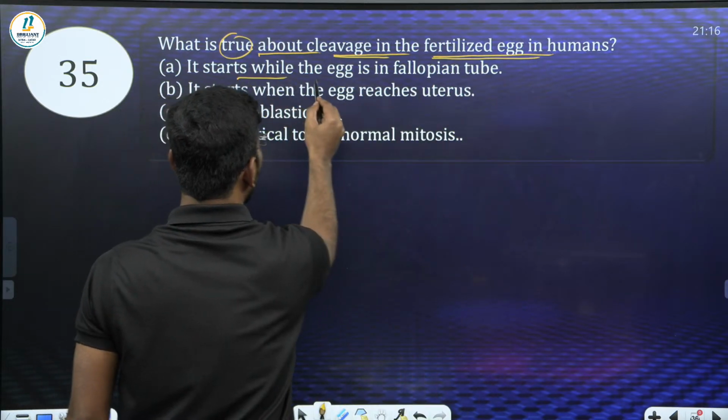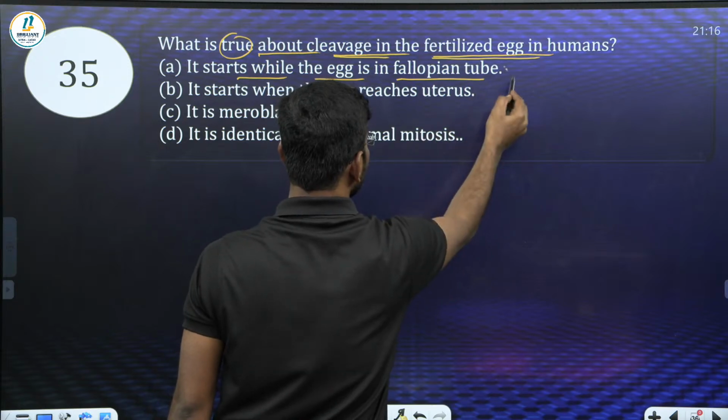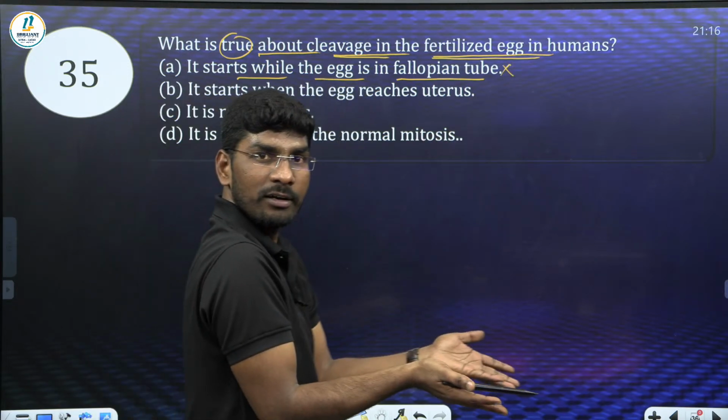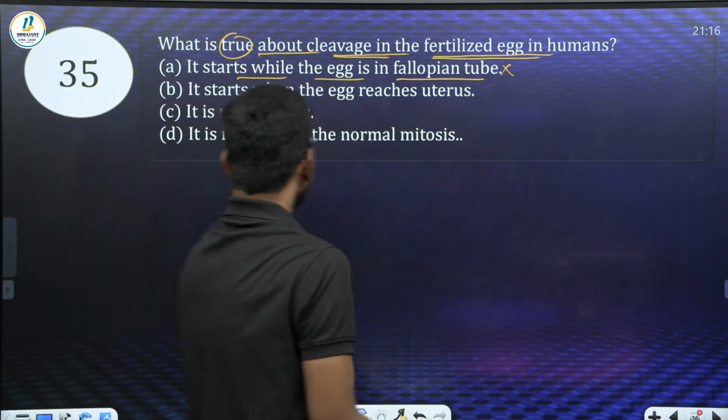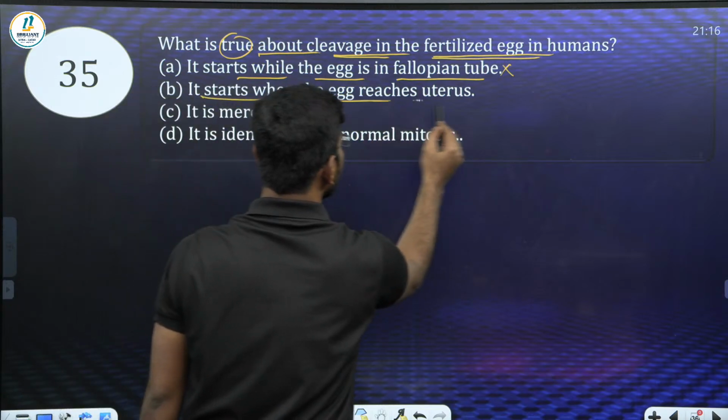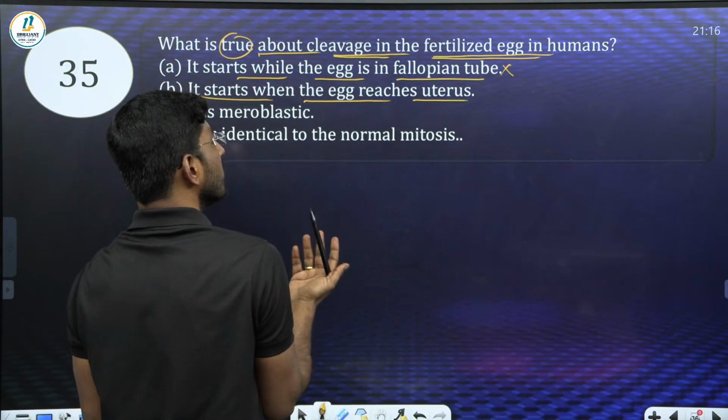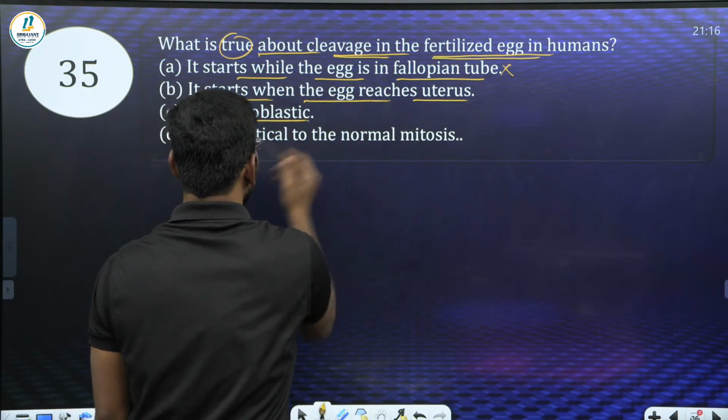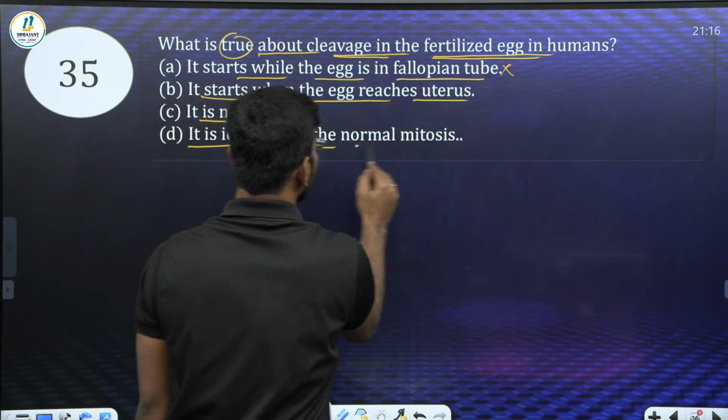Now, any one of you, what is true about cleavage in a fertilized egg? It starts while the egg is in the fallopian tube? No, the egg has to be fertilized, right? Otherwise cleavage will not start. Next, it starts when the egg reaches the uterus. It is meroblastic. It is identical to normal mitosis.